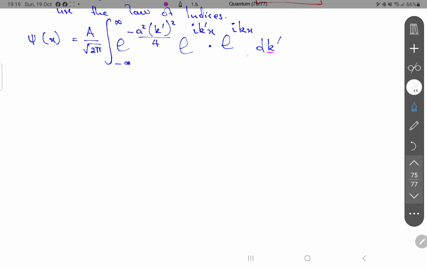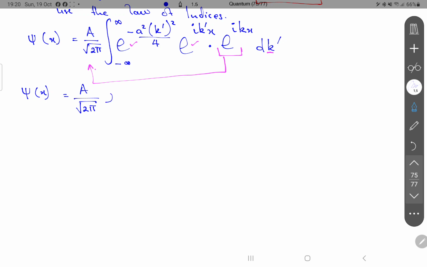If you look at k prime, this one doesn't have a k prime. This one has a k prime. This one has a k prime. So this has to join the outside world. So if it is supposed to join, we are going to write psi of x equals a over root 2 pi.